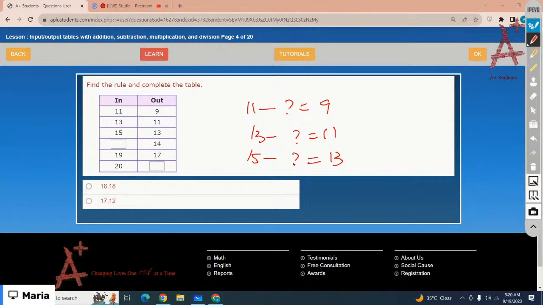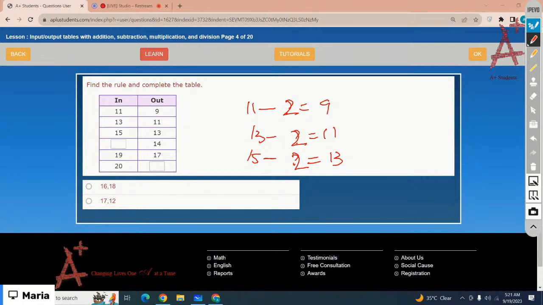So which number is it? 11 minus 2 is 9, 13 minus 2 is 11, 15 minus 2 is 13. You can see the same number is decreasing every time. You're subtracting 2 from the input value every time, right?